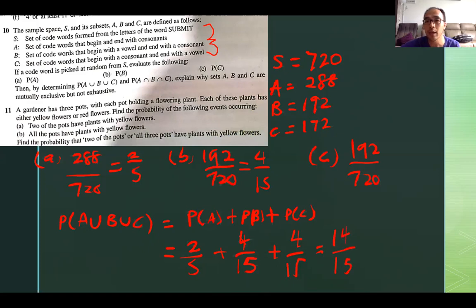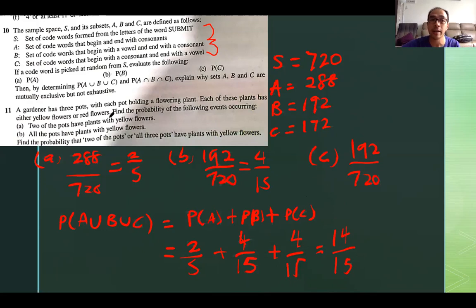Now we find that even when we combine all the three probabilities together, even though all three are actually mutually exclusive, we find that the total probability is not 1. Okay, it is not 15 over 15.